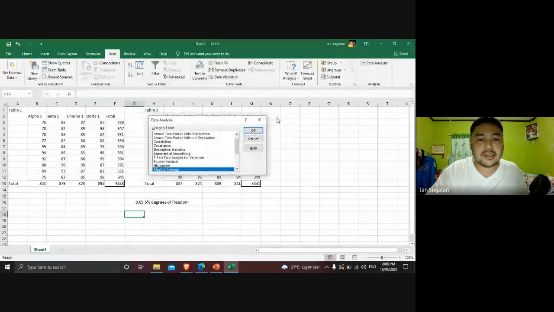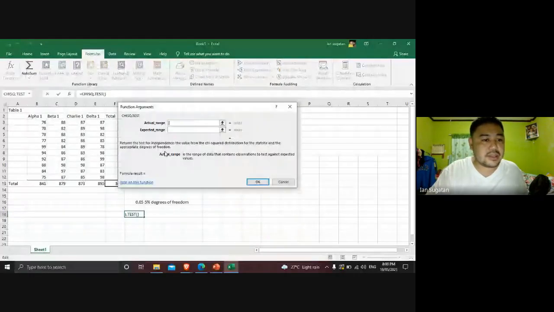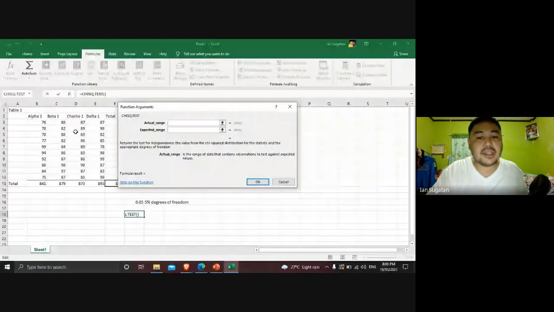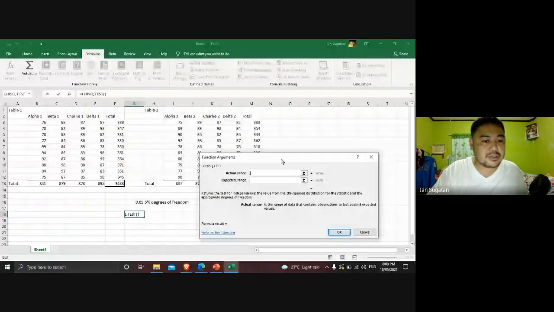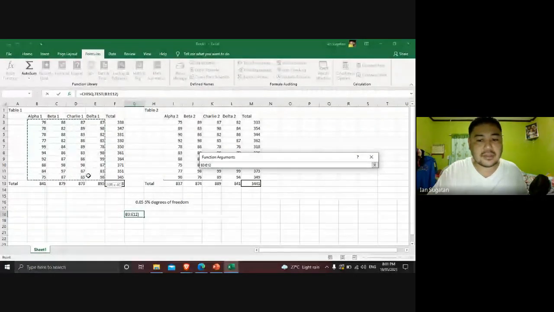The formula will be under data, then data analysis. I'm sorry. So formula and then insert function and then chi-square test. So the actual test is our table 1, okay? Remember, the actual range is table 1. So table 1 is this one, its values.